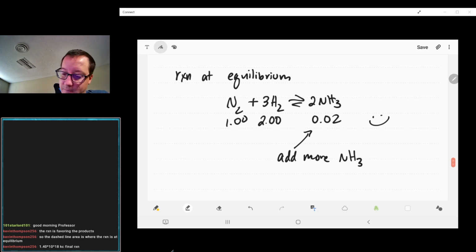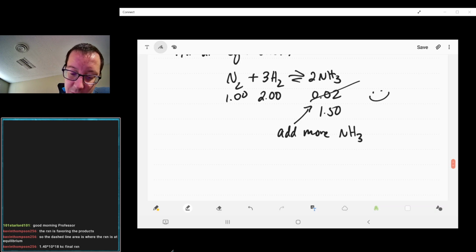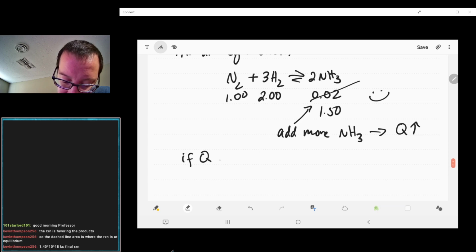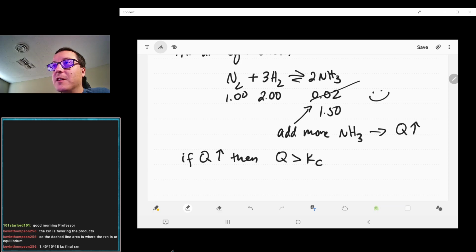If we make it now 1.5, whatever units we're using, atmospheres or molar, we're going to see that adding more NH3 means Q increases, right? NH3 is a product, so it's on the top of our reaction expression. If Q increases, then Q is greater than the equilibrium constant, and so the reaction has too many products.